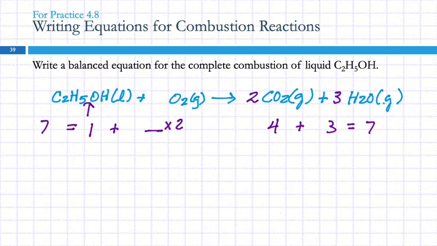I've got 3 if this is a 1. But I can put a coefficient in here to balance the oxygen and not mess up anything else. So this is going to stay a 1. I need the total here to be 6, right? 6 plus 1 is 7. So that needs to be a 3. Any questions?